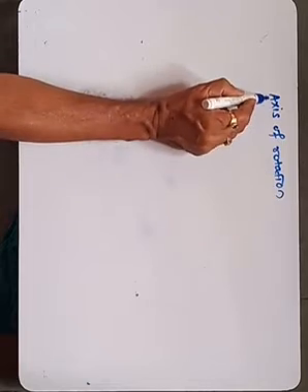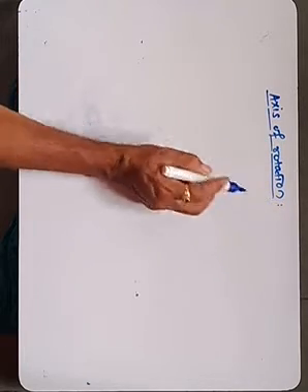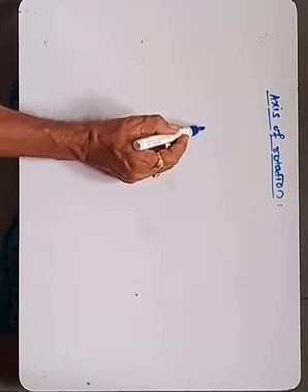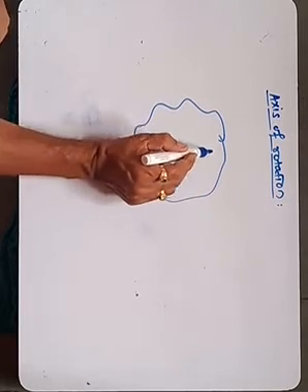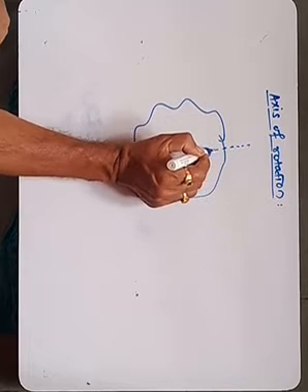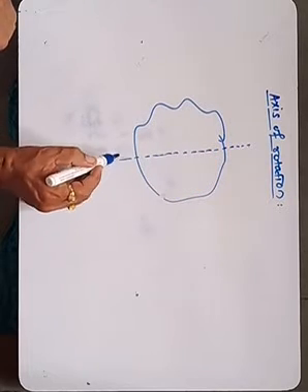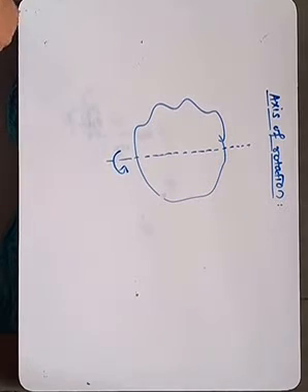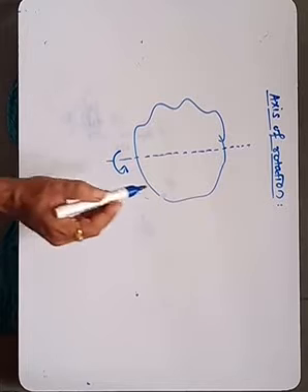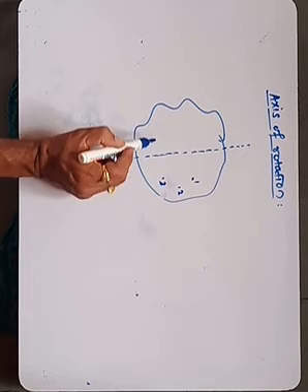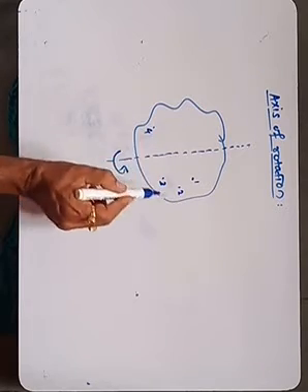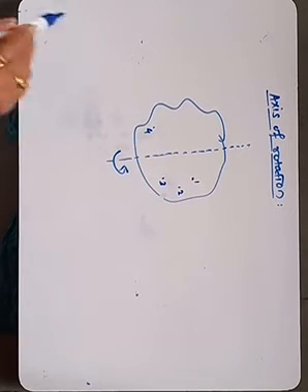Suppose we consider any body that rotates, a body of any shape. Suppose this body is in rotational motion about this line. Then all particles, this first particle, second particle, third particle, fourth particle, rotate in circles.